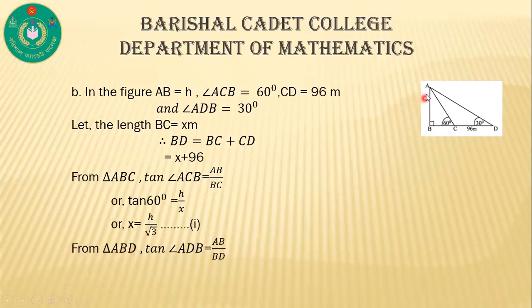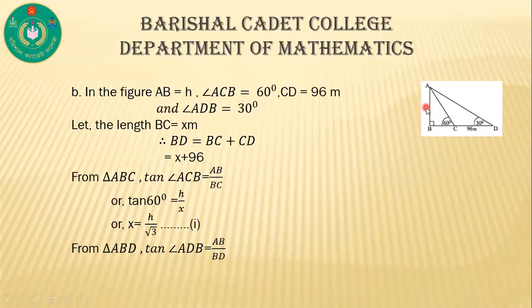Now triangle ABD, tan angle ADB is equal to AB by BD. When we consider this angle, then we can write tan theta is equal to perpendicular by base.